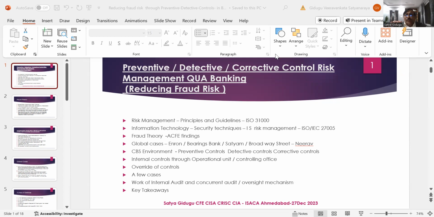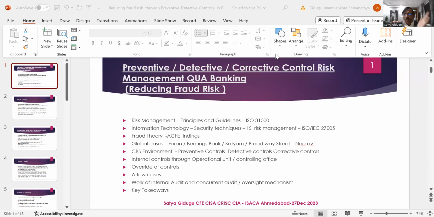Is it possible for you to check each and every control that exists in the organization? No. You will work based on the management assertions, and you will take undertakings from me stating that no fraud has happened during the audit period.